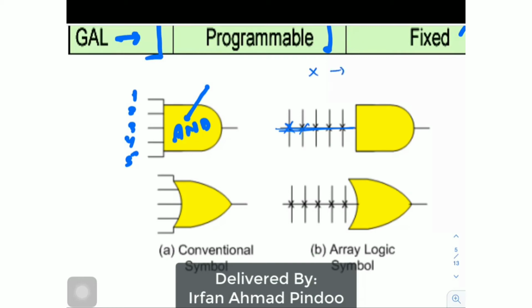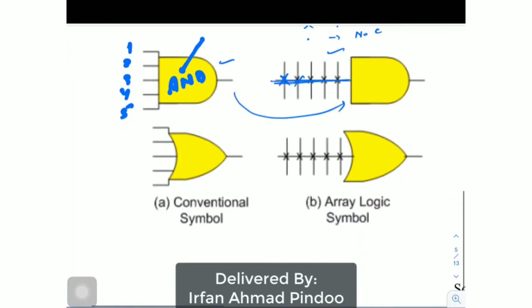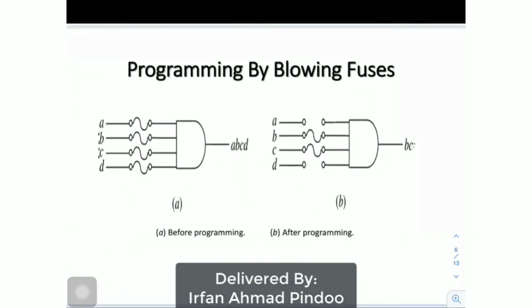This cross indicates there is a connection, and if there is no cross, that indicates no connection. So this diagram and this diagram are the same, and similarly for the OR array also. The multiple input lines are represented with only a single line, and the crosses indicate how many inputs are given. Now how do we program?